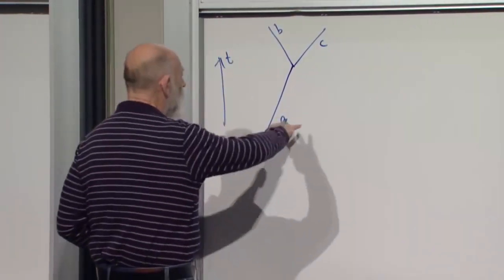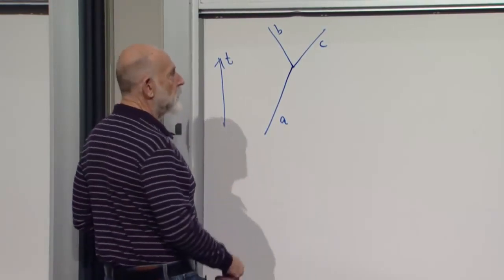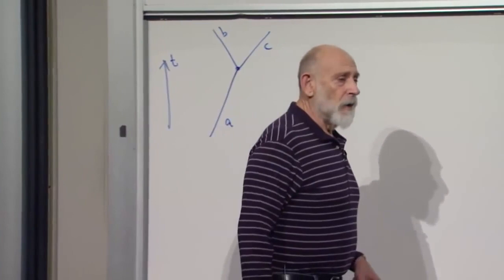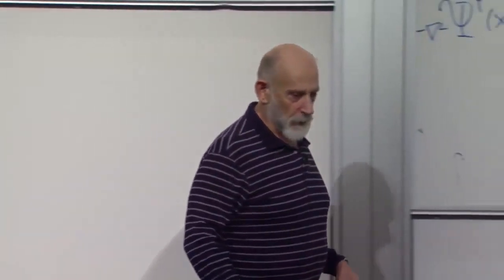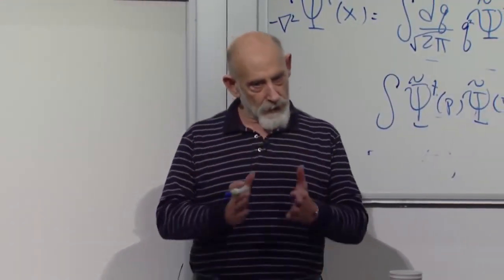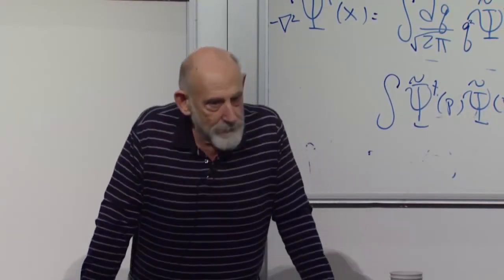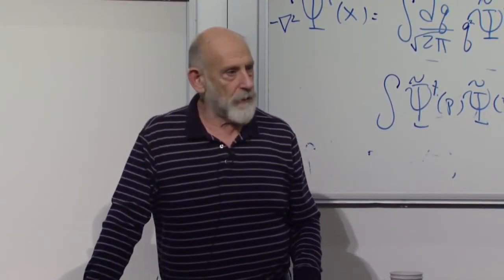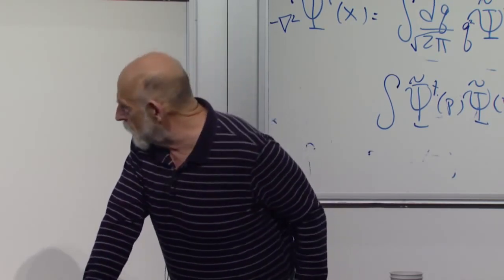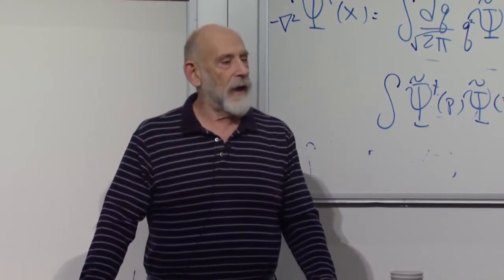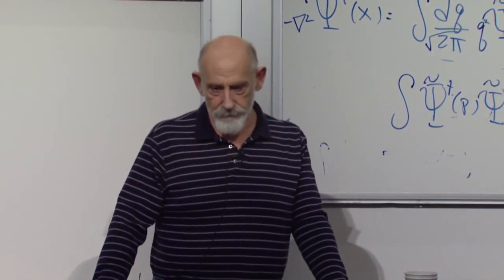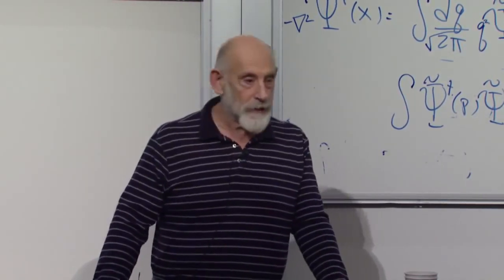Particle A comes along, and you discover that there's a process where particle A disappears at a point, and particle B and C appear at the same point. Okay. You discover in your bubble chamber tracks which lead you to conclude that A came in, B and C went out, and they came out from the same place that A came in.